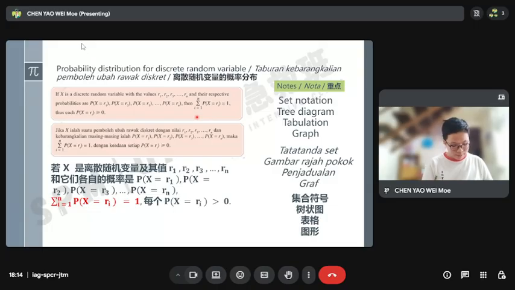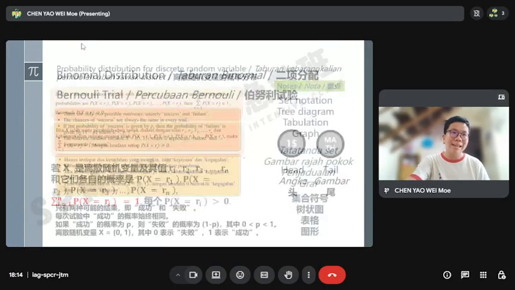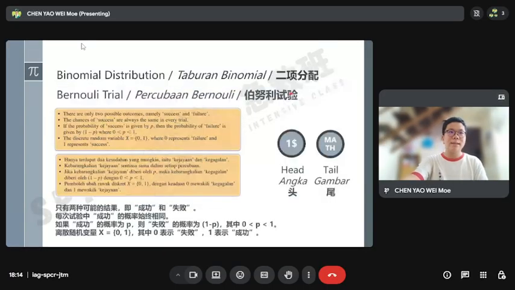Just now I said I do the experiment 3 times, but today we have one uncle called Bernoulli. He said the Bernoulli trial states that there are only 2 possible outcomes, namely success and failure.